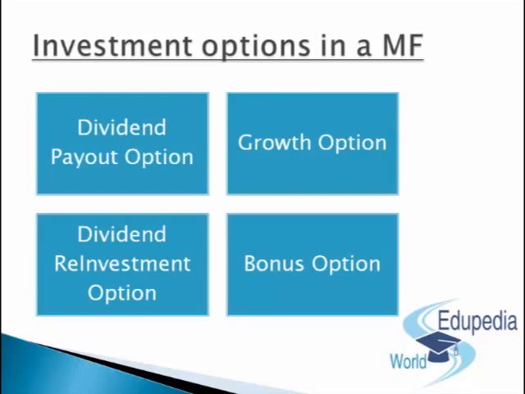So guys, first we'll take into account the dividend payout option. When a dividend option is chosen, the investor gets to cash in on the returns earned by the fund from time to time. They simply accept the dividend which the fund usually earns from time to time.